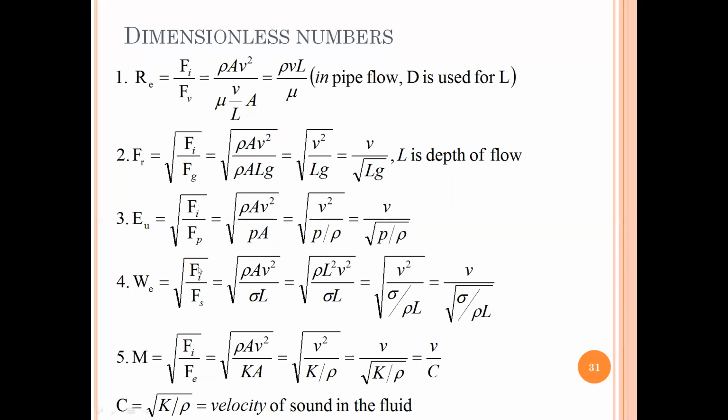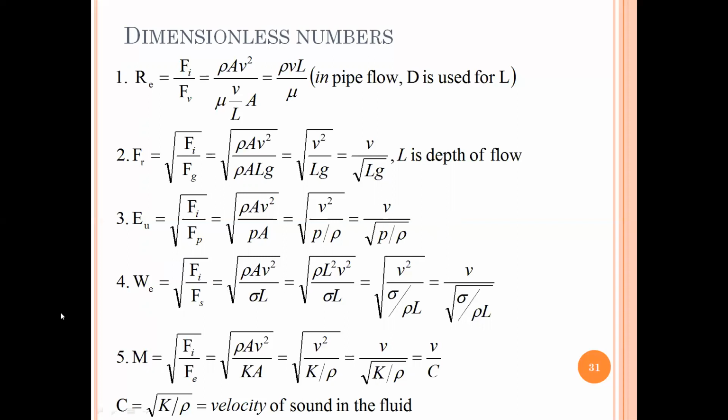Weber's number is a ratio of root of inertial force by surface tension. Remember, Weber's number is mainly defined for your thin films and droplets. Your surface tension is always defined for a droplet. So here I'm taking rho L square, area I'm substituting as L square, into V square by rho sigma L. One L will get cancelled.